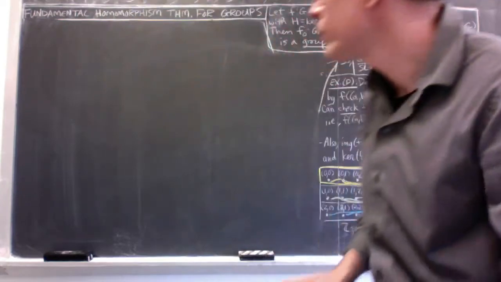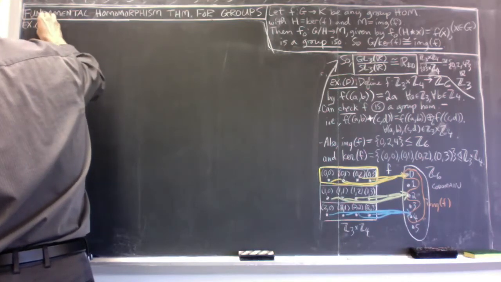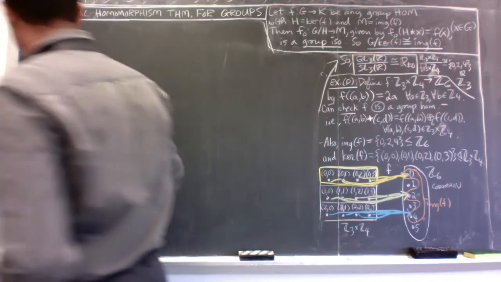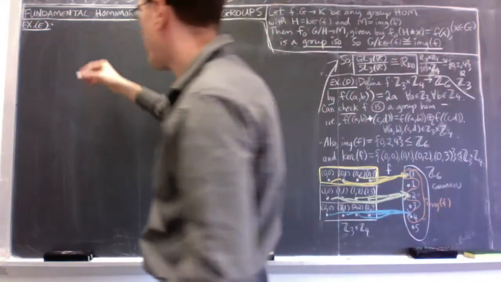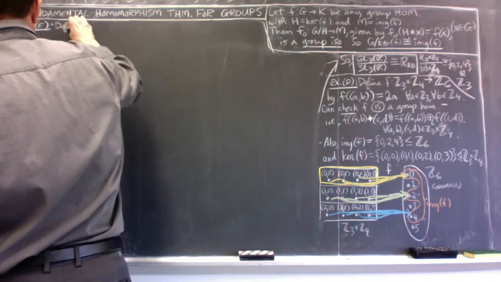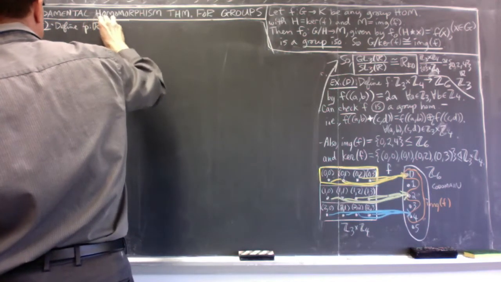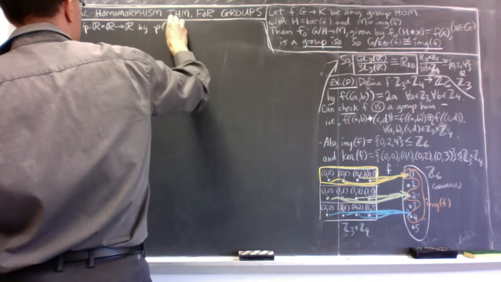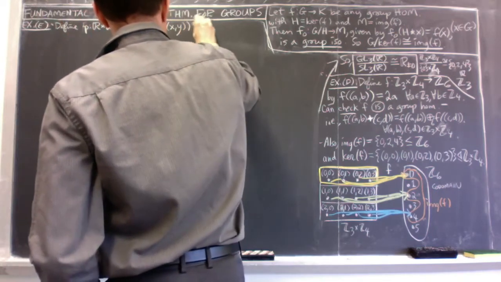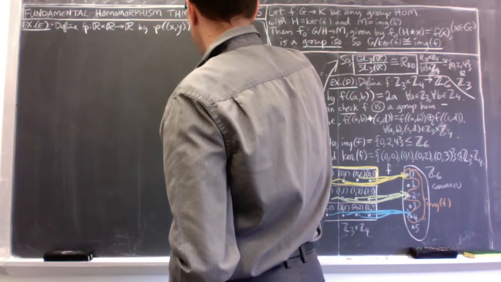All right, so one final thrilling example of this theorem, example E. We're going to look at a function from R cross R to R. Let's call it little p, by sending the ordered pair xy, which is an input to p, to x plus y.